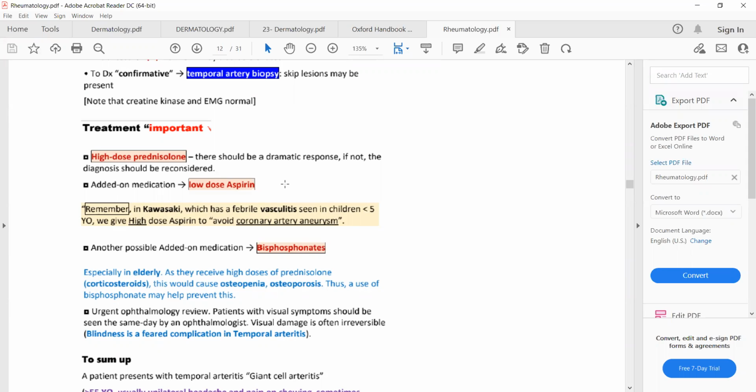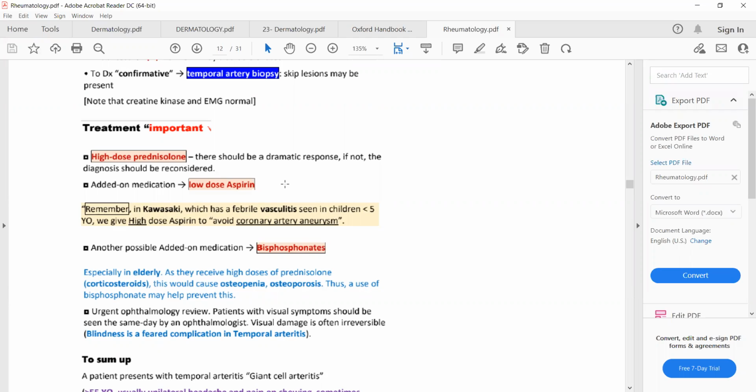A person with temporal arteritis is receiving high dose prednisolone, and one of the side effects of prednisolone is that it can cause osteopenia and osteoporosis. So to prevent osteoporosis due to steroids, we need to give bisphosphonates along with high dose prednisolone and low dose aspirin.